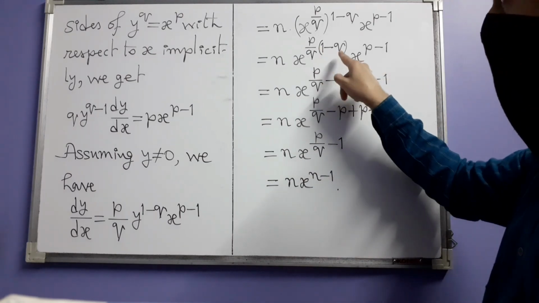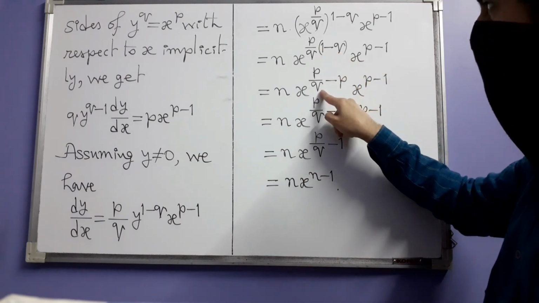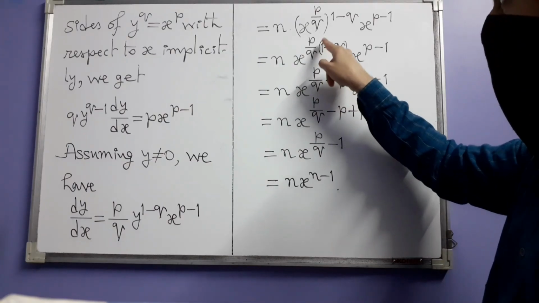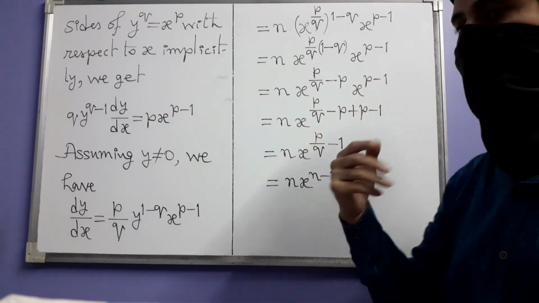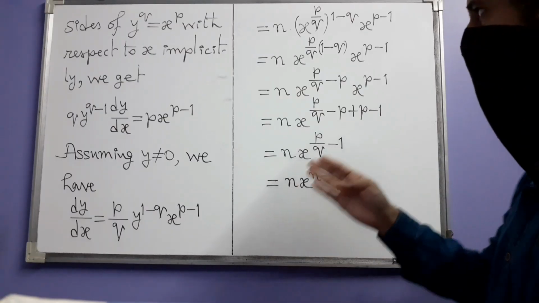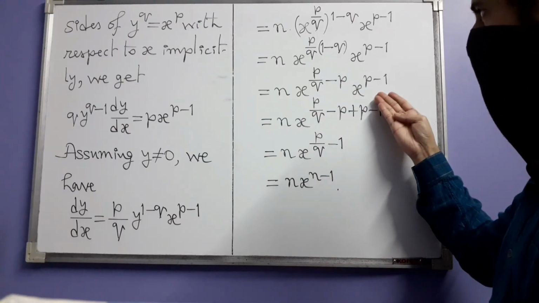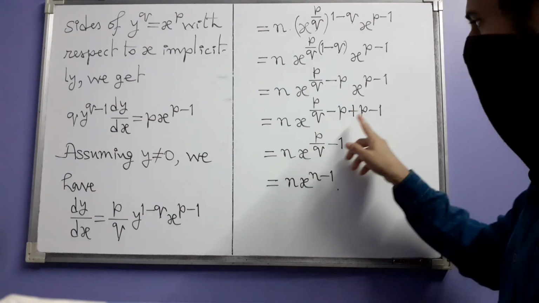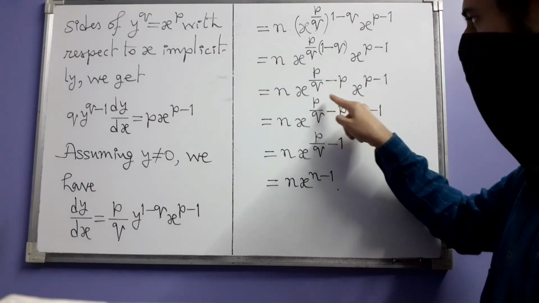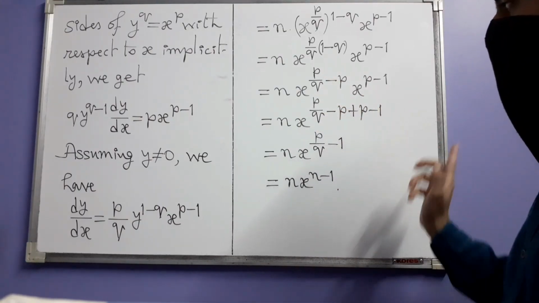Now if you do the multiplication here, you will get p divided by q minus, after cancelling q you are left with p, and then you use that other rule of exponents, where if you have a product where the bases are the same, then you add the exponents, p divided by q minus p, and p minus 1.